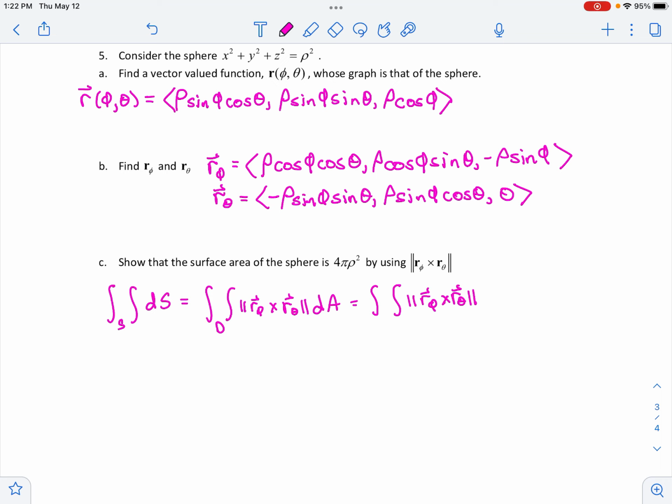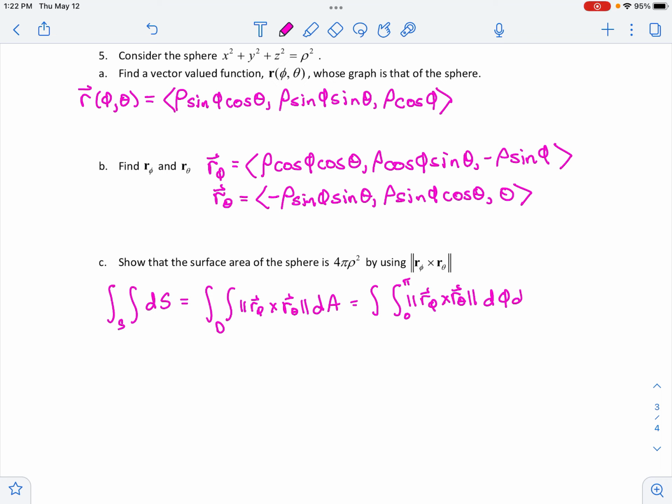I think what I want to do is integrate with respect to phi first. Now phi, think about a sphere here. It's going to start off at 0 and go to pi. Phi starts at 0, straight up on the z-axis, and as it rotates down, the angle made with the z-axis goes all the way to pi.